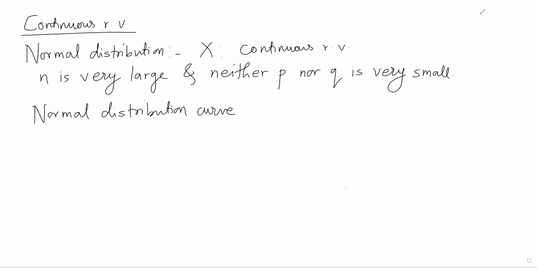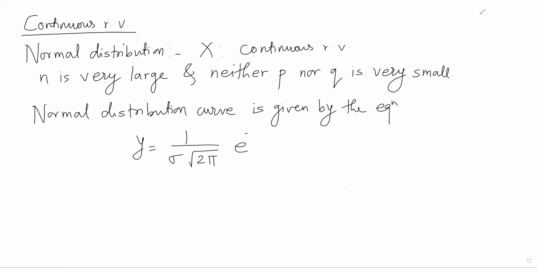The normal curve is given by the equation, with mu bracket square divided by 2 sigma square in the exponent.